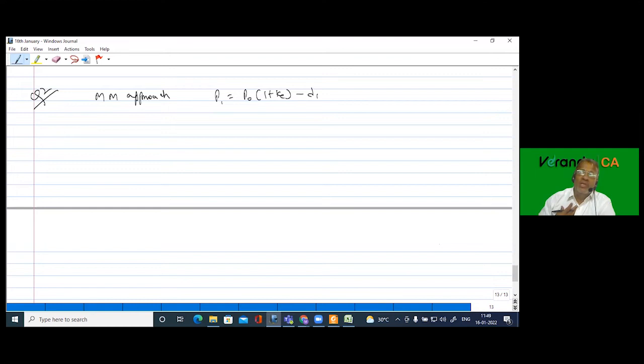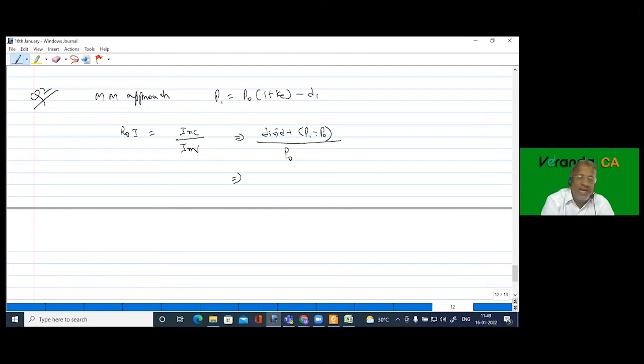If I were the holder of shares, my rate of return on investment is equal to income divided by investment. What is my income? Income is my dividend plus the appreciation in the price of the share. This is dividend, this is appreciation, divided by the initial investment, that is P0.